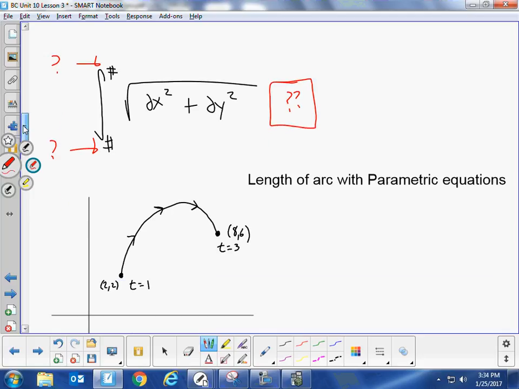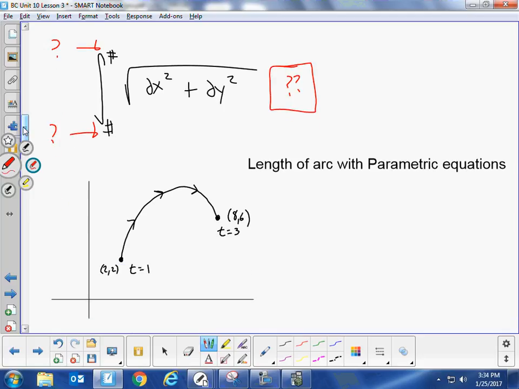Parametric equations are defined by what variable? t, right? So I'm going to want dt here. And if I want dt there, that means I'm going to want t's here.